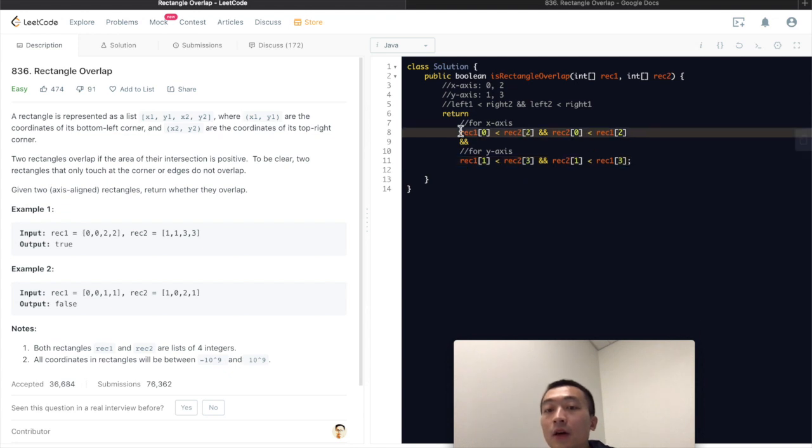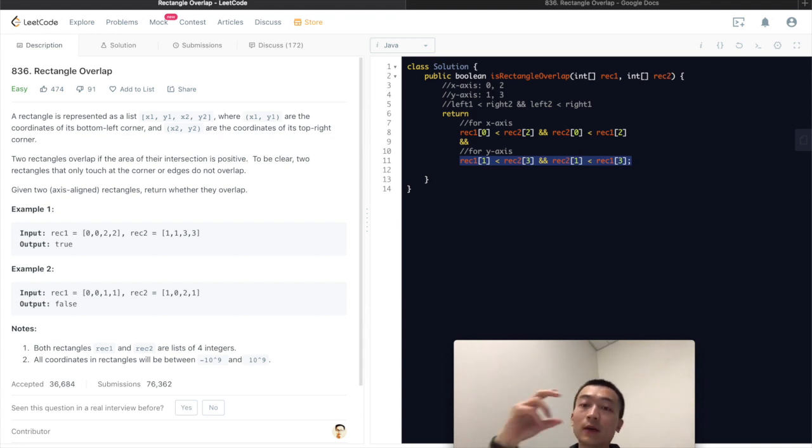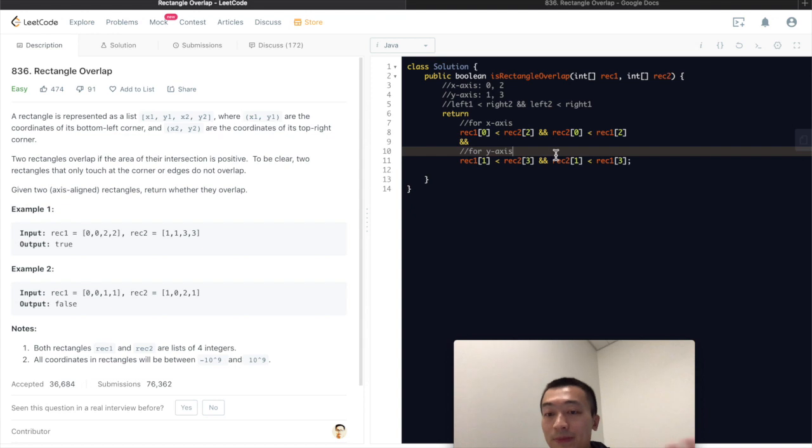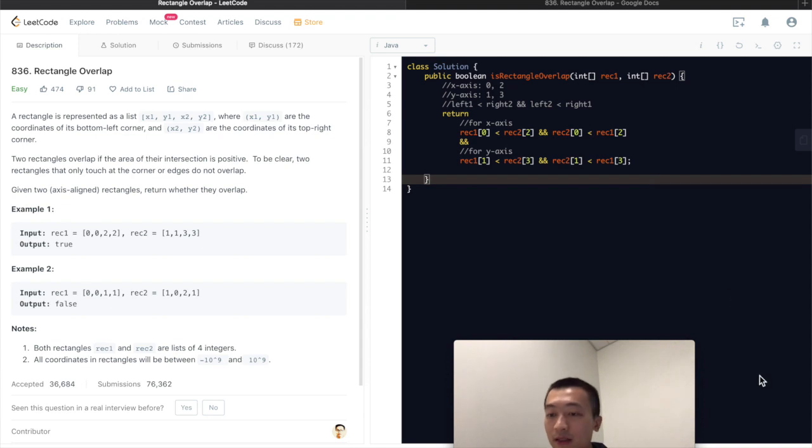As long as all 4 conditions hold, remember this line stands for the conditions we need to meet for these two rectangles to meet on the x-axis. And this one stands for the two conditions for the two rectangles to overlap each other on the y-axis. That's it, to put that on the 2D plane. So we simply extend the conditions for these two rectangles to meet from the 1D plane to the 2D plane. That's the solution.